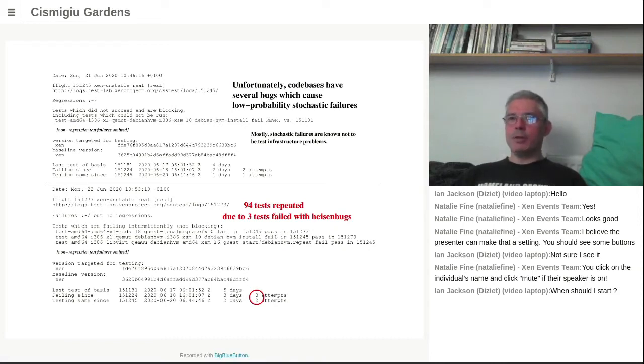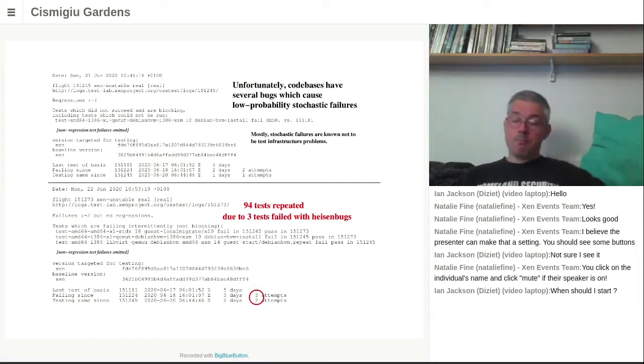Then it reran on the same version, the test passed, and it called that a success. It had to have 2 or 3 attempts, depending how you count them. This is quite wasteful of resources, and it also gets in the way of development.